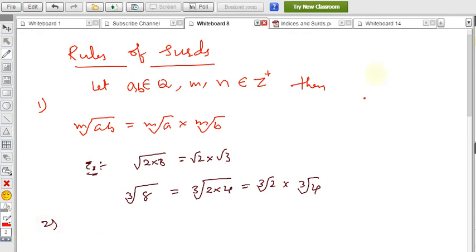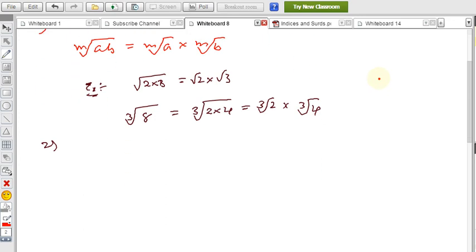Similarly for division: mth root of a by b is mth root of a by mth root of b. That you understood.